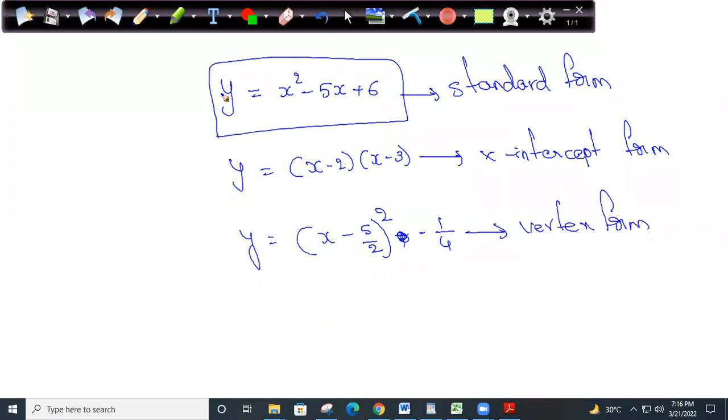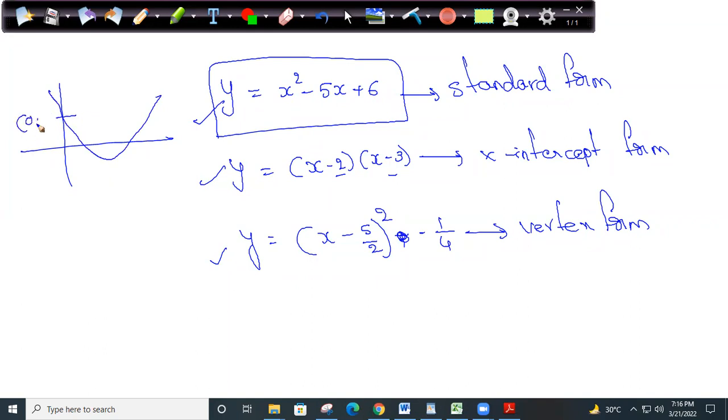Same thing, you are the same person. You at home, you might be at school, you might be at a party, different shapes, different ways they look. So the same function I can represent in 3 ways. If I try to graph this, my x-intercepts are 2 and 3. The y-intercept is 6. When I put x is equal to 0, I get 6.